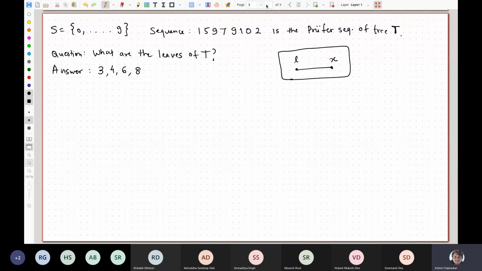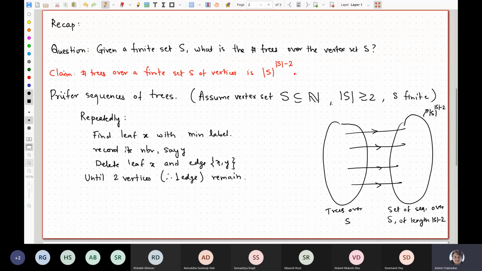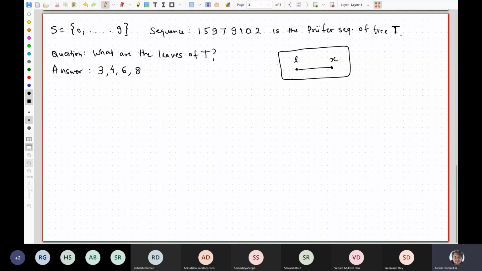But then what did we say about the construction of the Prüfer sequence? As soon as just two vertices remain, we just stop. So when you landed up in this situation, you should not have recorded L, you should have just stopped. Which is why a leaf node cannot appear in a Prüfer sequence.